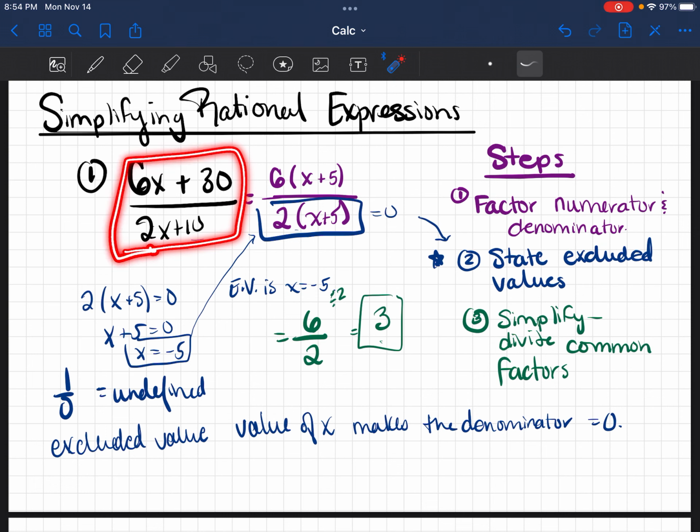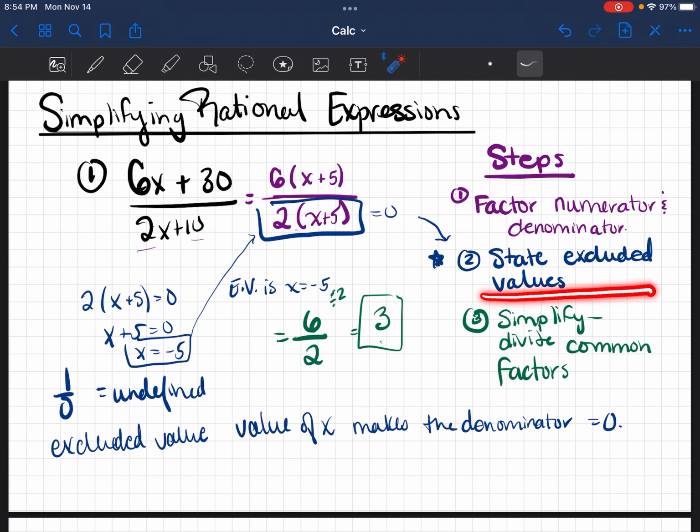Now, one of the reasons why I like to write the excluded values second and not wait until the end is because if we wait until the end, I can see that I don't actually have a denominator here. And so I don't have any values of x either. And so looking at this, I might think that I don't actually have an excluded value.